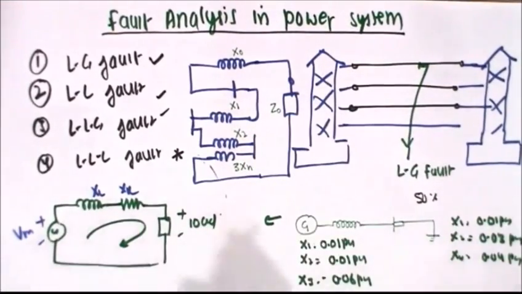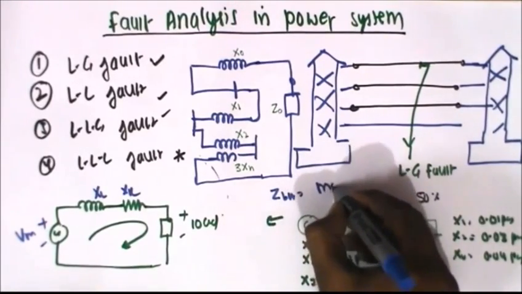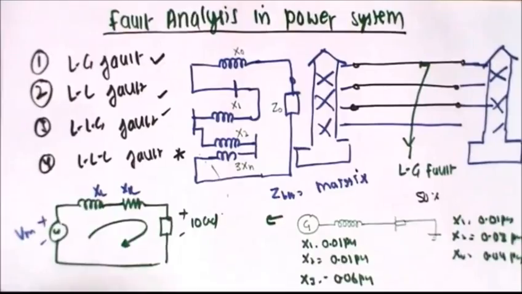For analysis, we are representing a diagram called the Z-bus matrix. How can we represent it? We can go to the next page.